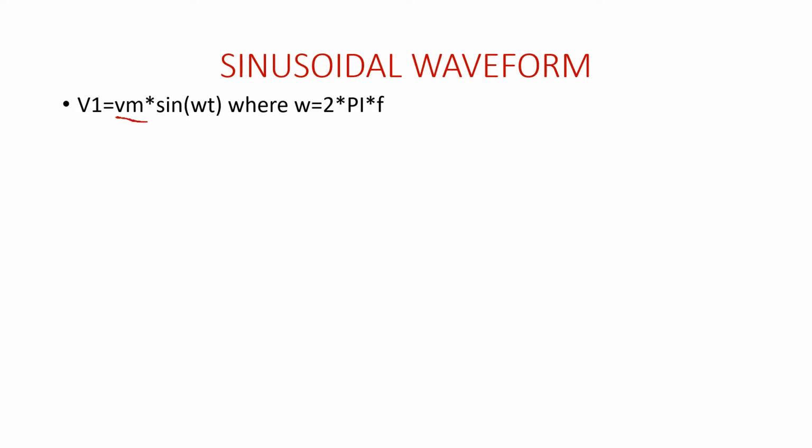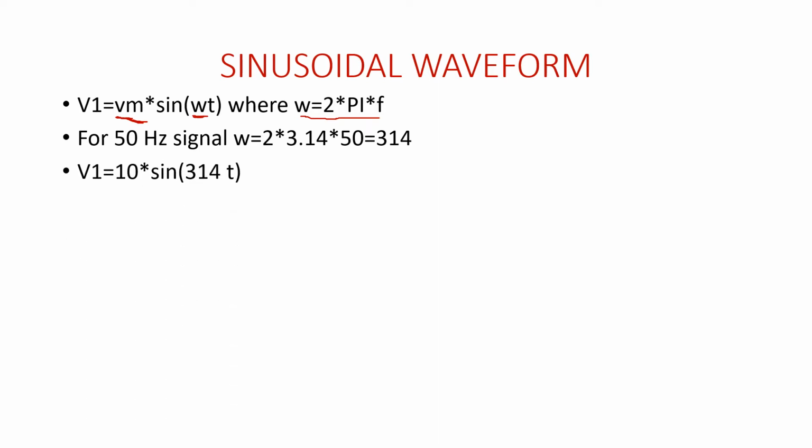Vm is a magnitude of the given signal, then sin omega t, where omega is frequency of oscillation in terms of radian per second. Here omega may be represented as 2 pi f, where pi is 3.14 and f is frequency of oscillation. Then for a 50 Hz signal, if you calculate, omega is going to be 314.